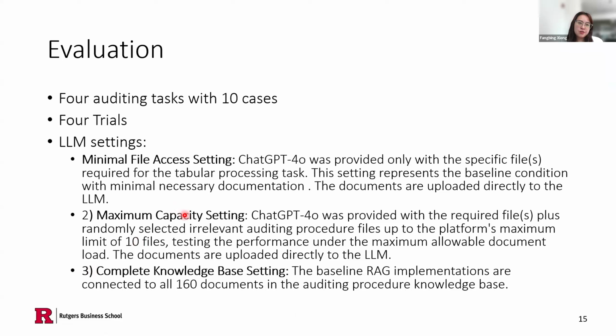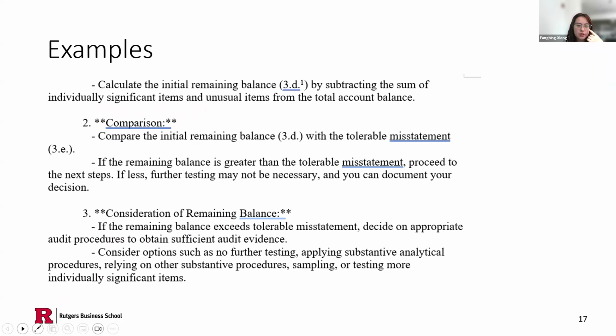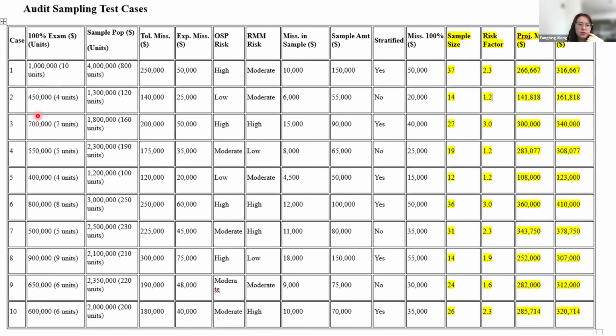In the evaluation of the research, we set up 4 different audit tasks. And for each task, we have 10 test cases. For example, in an audit sampling test case, we set up 10 test cases.